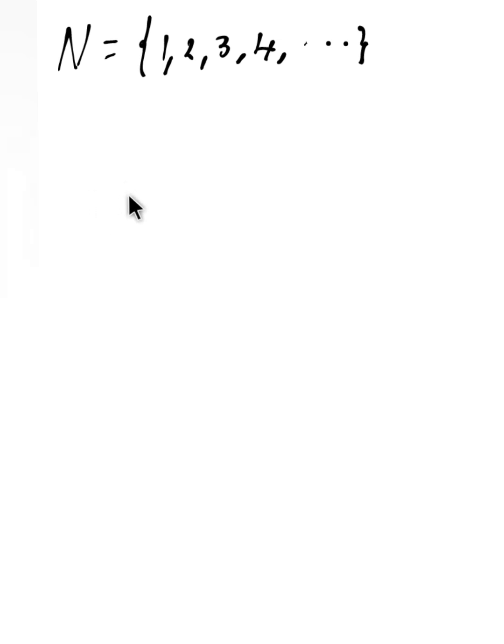Remember that binary operation involves taking two numbers from a given set, operating them together to form a unique number. Now let's take two numbers from the natural numbers. We can take a number like 2 and 5. So the two numbers we'll take from this set are 2 and 5.